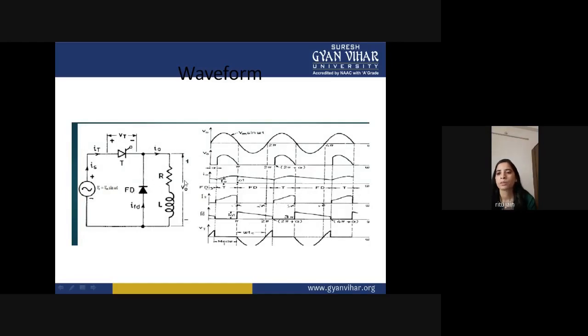Fine. So by using the freewheeling diode, you can see that the output current is not getting zero. Okay. So this mode is called your continuous current mode because your output current is not zero anywhere in this waveform. That's why this mode of conduction is called the continuous current mode.